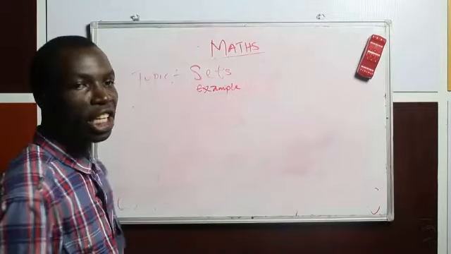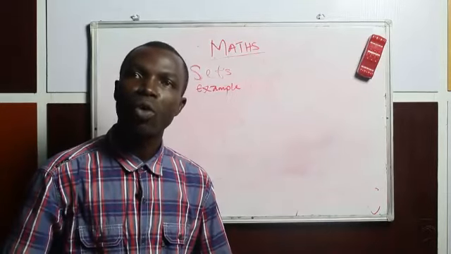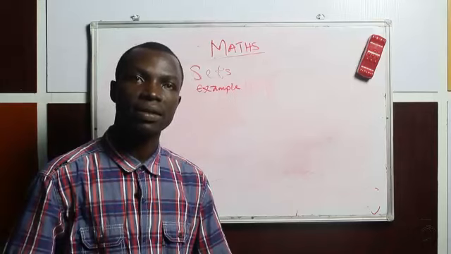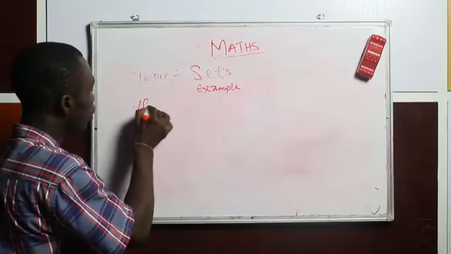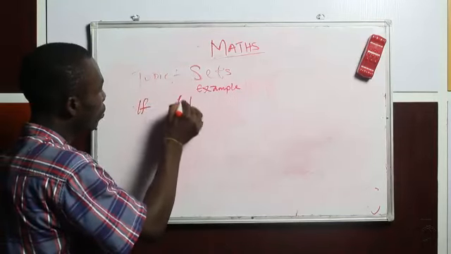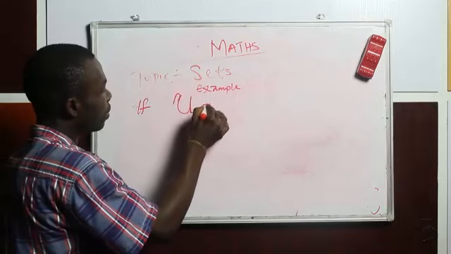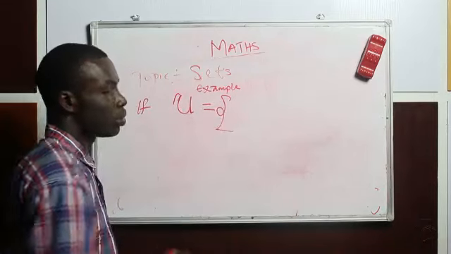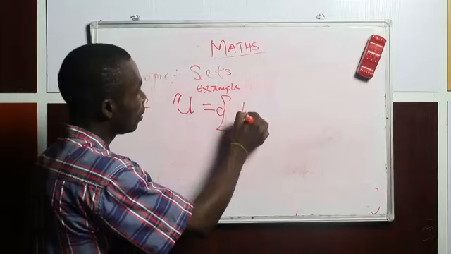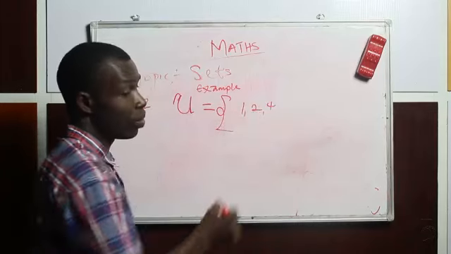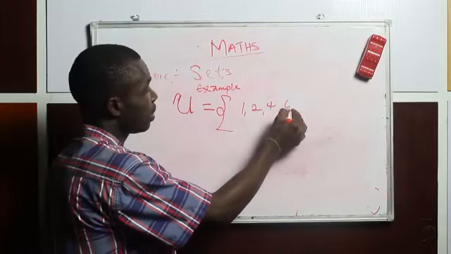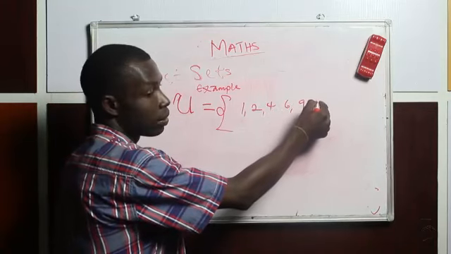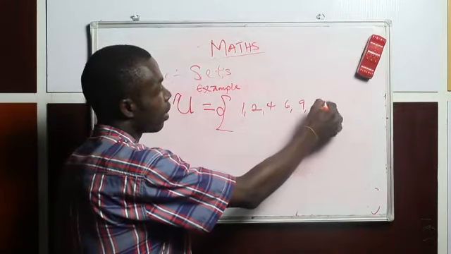Example, if we have a universal set, and the universal set is equal to 1, 2, 4, 6, 9, and 12.